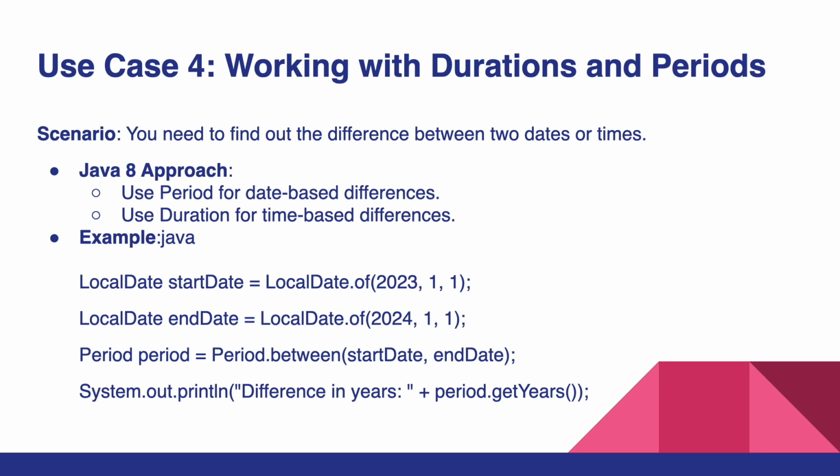Use case 4. Another critical aspect of date time manipulation is calculating differences. Java 8 provides two specialized classes, Period for date-based differences and Duration for time-based differences.